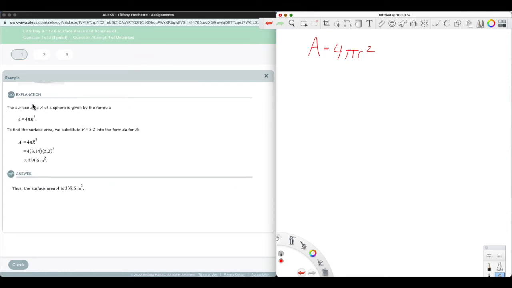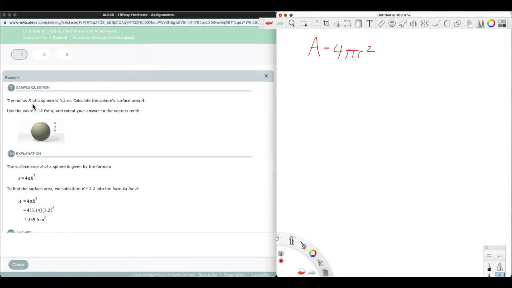Surface area, remember, is the area on the outside. If you were going to make a balloon, how much actual rubber would be used in that balloon? You wouldn't calculate the amount of air inside the balloon for the cost of the rubber. It's just the outside that you're looking for. Or even like a ball.